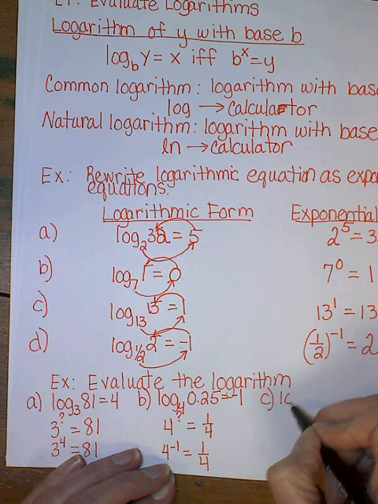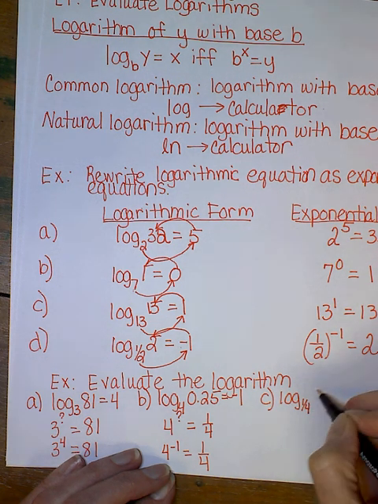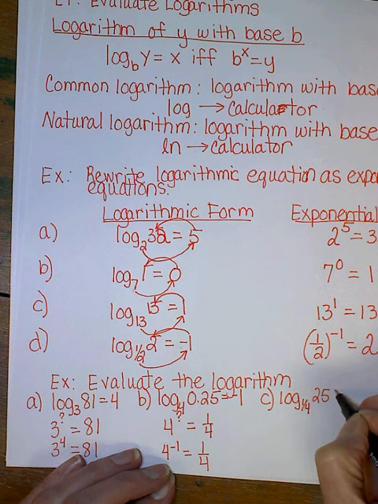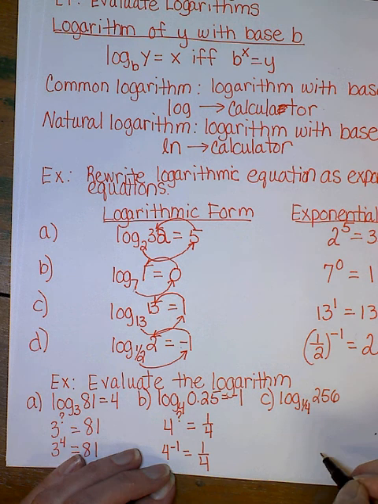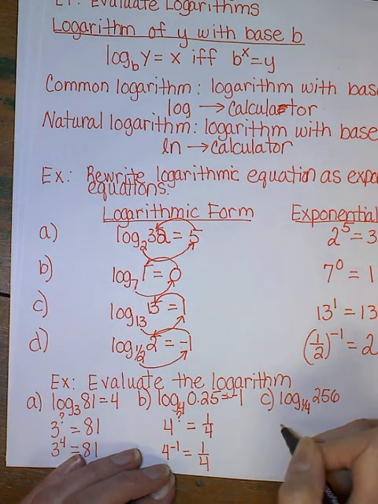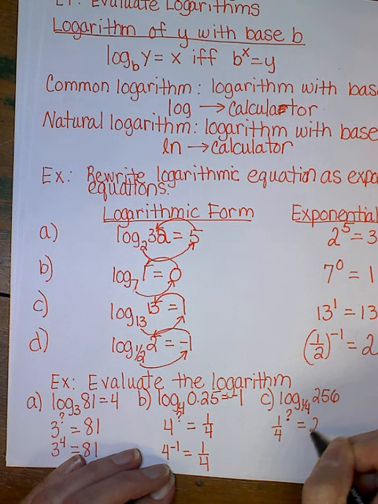One more. Now the base on this one is a fraction, 1/4. Okay. So what it wants to know is 1/4 to the what power would equal 256. Okay, so our base is 1/4. What would I raise it to? And it would equal 256.